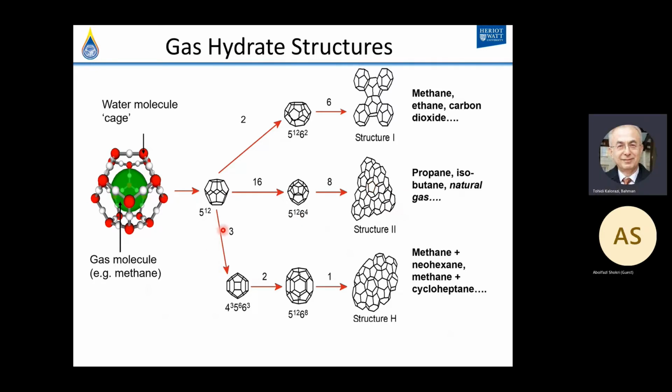And here we have 3 small molecules which have 12 pentagonal faces, and then 3 with 4 faces, 6 with 5 faces, and 3 with 6 faces, 2 of these, 3 of these, and 1 of these large molecules form structure H. Now, a small molecule normally forms structure 1.